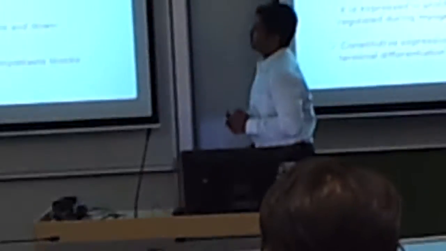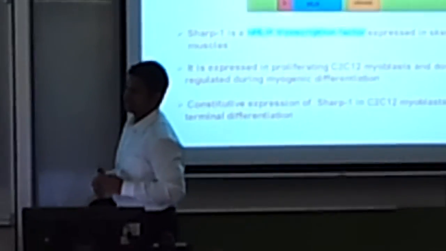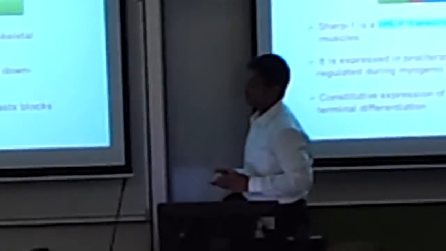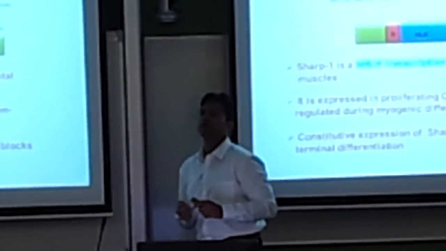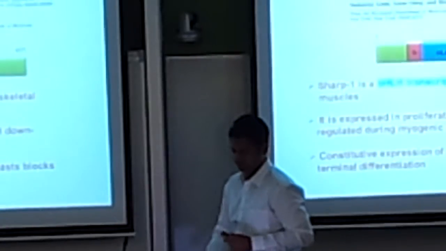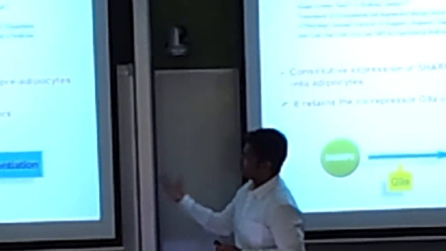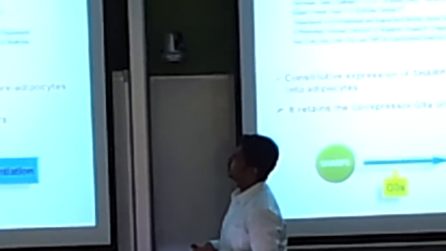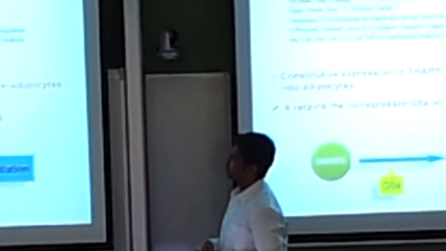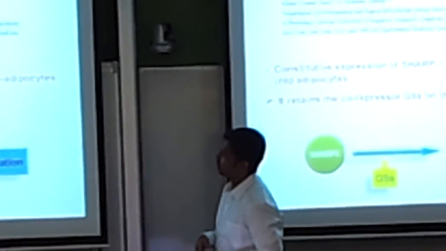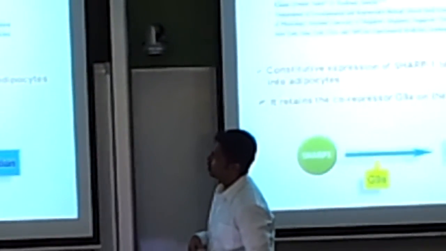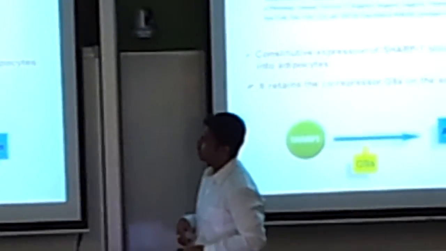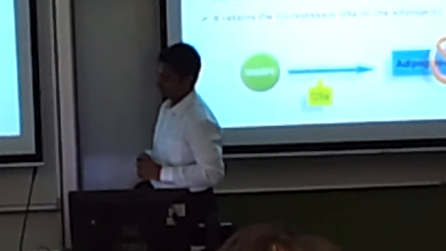Our lab has previously shown that SHARP1, which is a bHLH transcription factor, is expressed in skeletal muscles, and overexpression of SHARP1 results in blocking the myogenic differentiation program. There was a second paper to follow this from our lab, which showed that SHARP1 inhibits adipogenic differentiation, and here, interestingly, we found that it retains the co-repressor G9A on the adipogenic promoters, thereby blocking the adipogenic differentiation program.